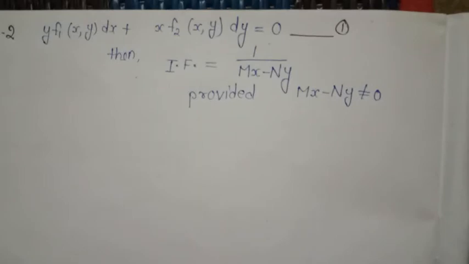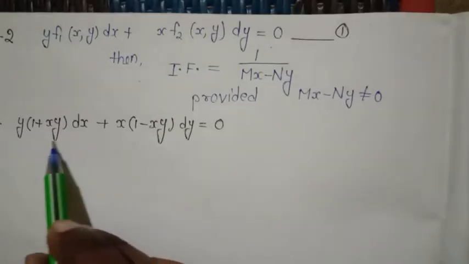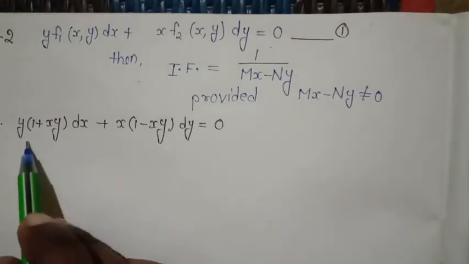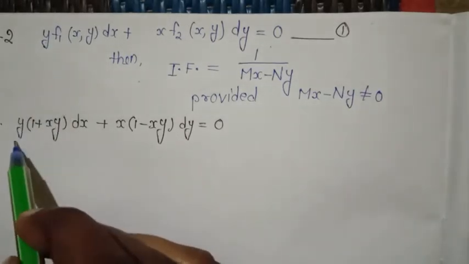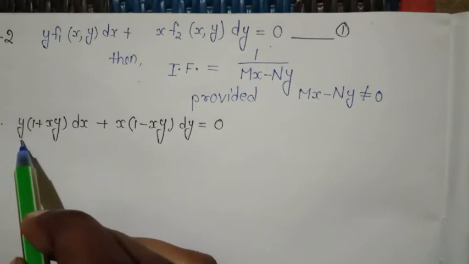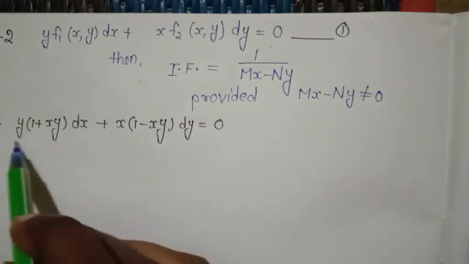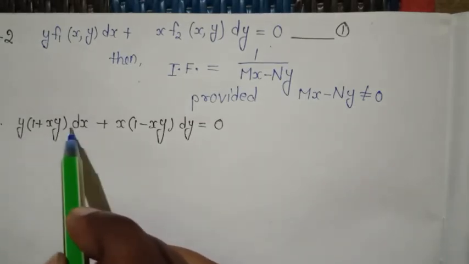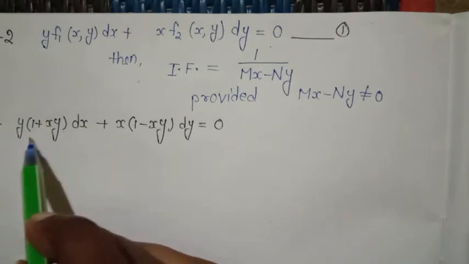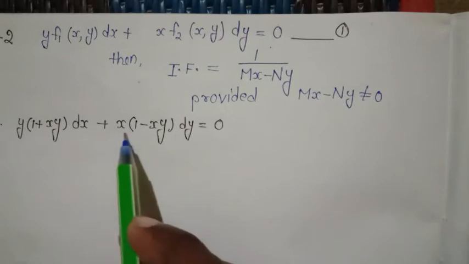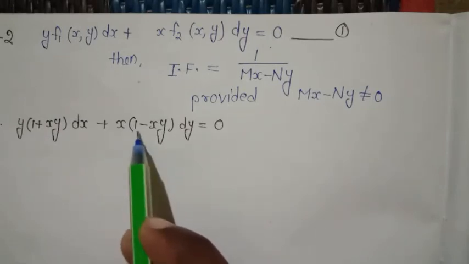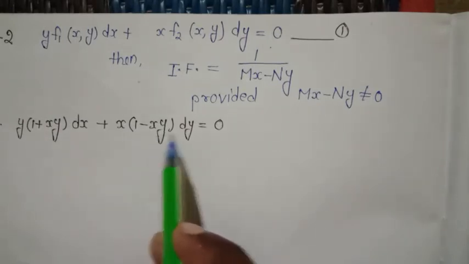So I am going to take one example to show how to solve such type of differential equation. So here I am taking an example. Now you can see the terms and just compare them together. You can see that in M, y is common. That is, in the coefficient of dx, y is common, and here I am getting a function of xy, that is f1 of xy, and in N you can see x is common, and f2 of xy is taken here as 1 minus xy.